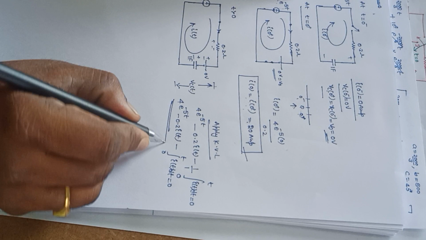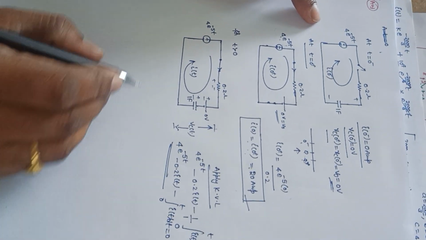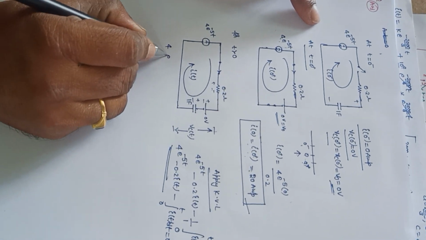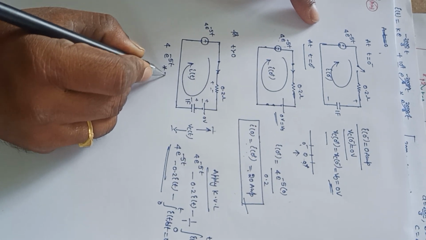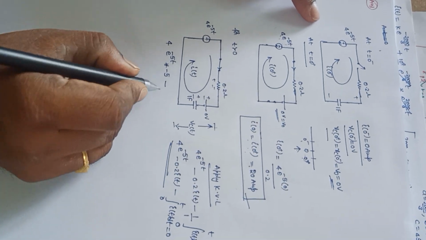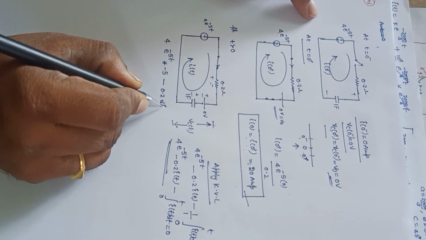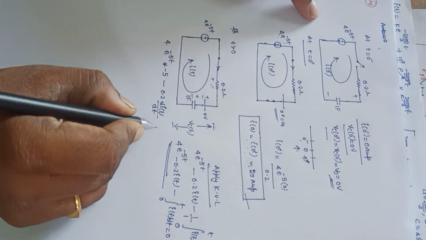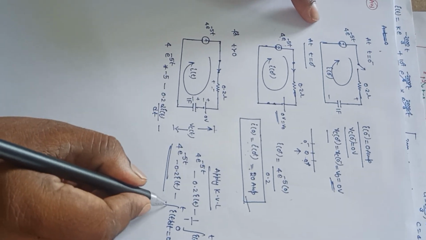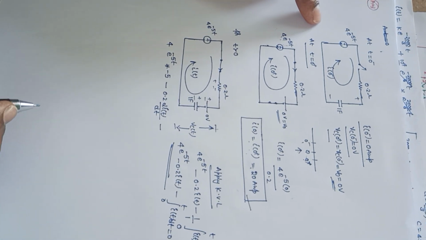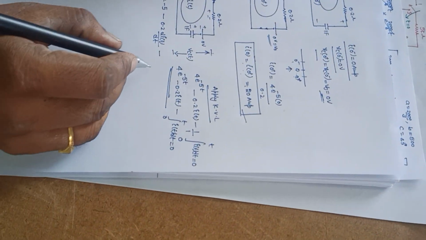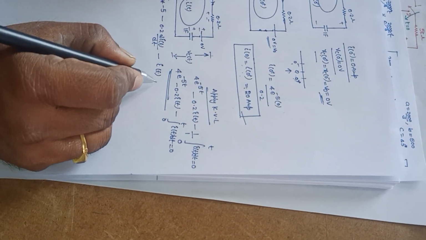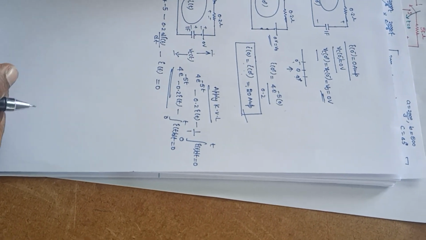If I differentiate this equation, then I will get 4 into e power minus 5t into minus 5 with respect to time minus 0.2 into di of t by dt minus, differentiation and integration will get cancelled here, so it will become I of t is equal to 0.